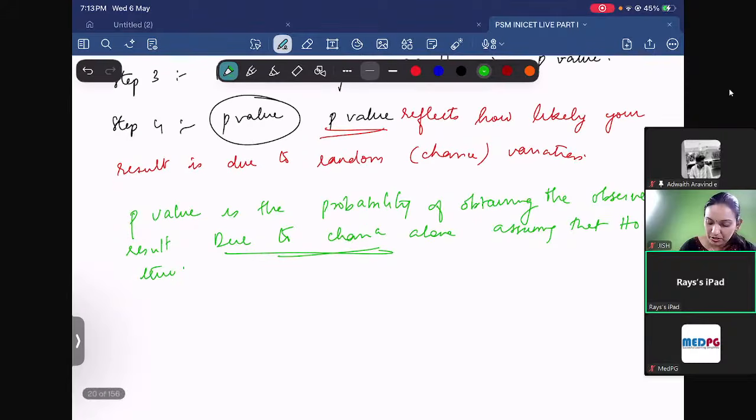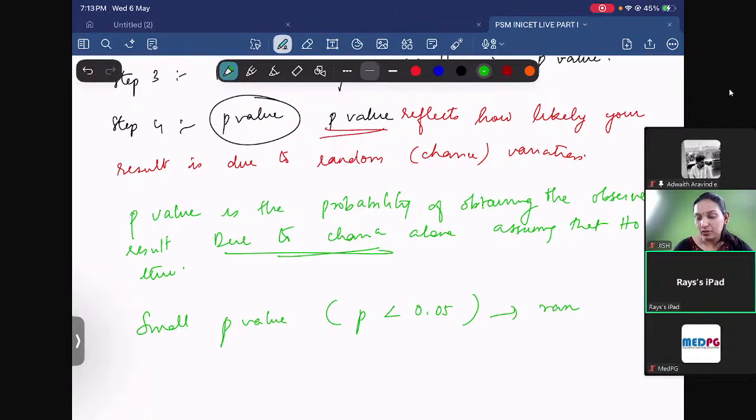So suppose you got a small p-value, that is p-value less than 0.05, or chances just 5%. This means that your random error or the chance factor in your result is less than 5%, just very less. Whatever result I got, only less than 5% of this is because of chance.